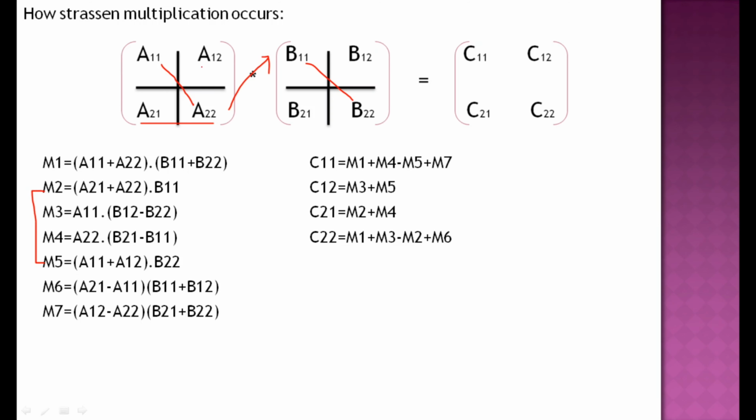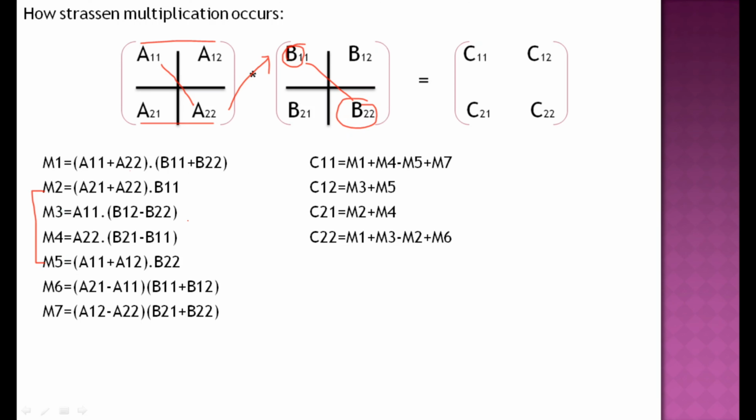So m5 is (a11 + a12) into the diagonal multiplication, that means b22. So first b11 is multiplied with (a21 + a22), and next (a11 + a12) is diagonally multiplied with b22. So m2 and m5 were completed.